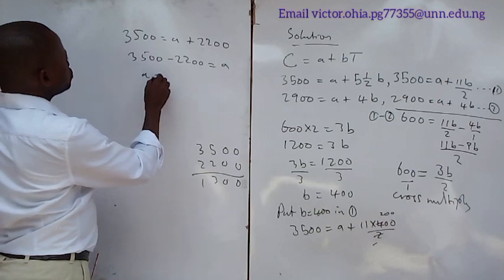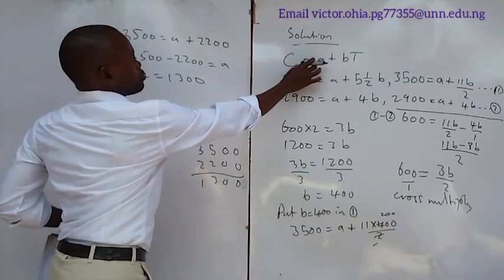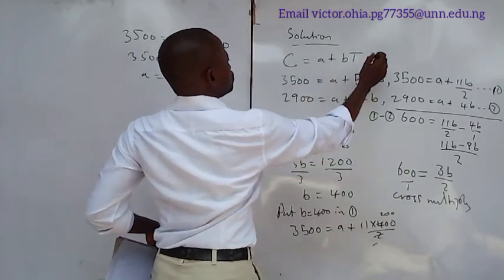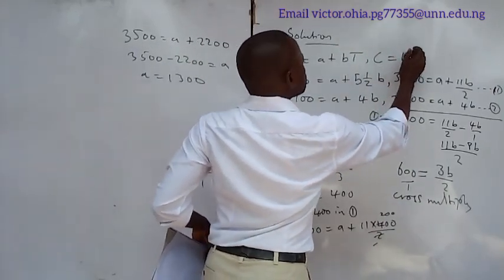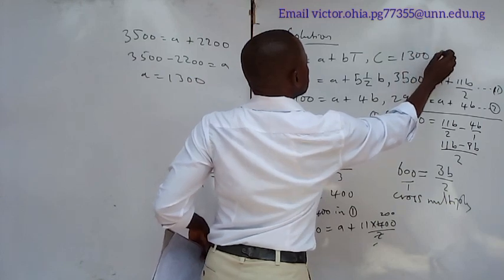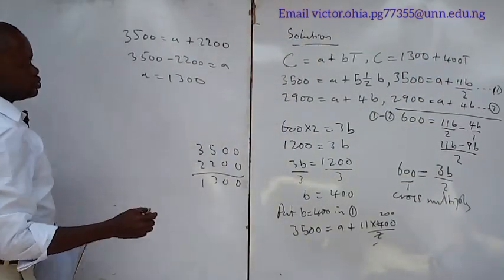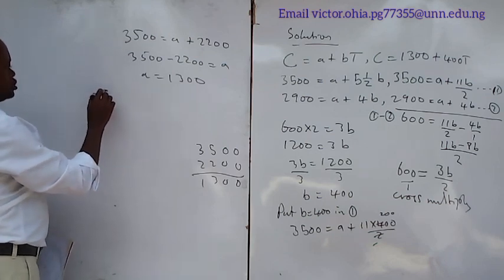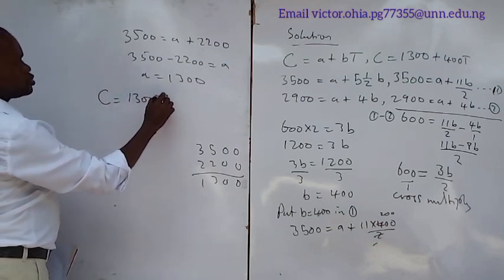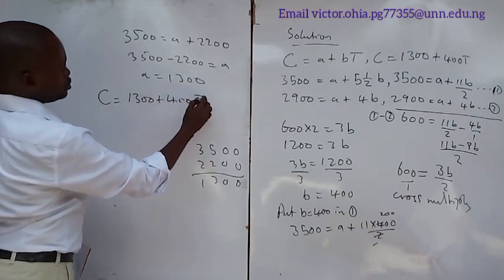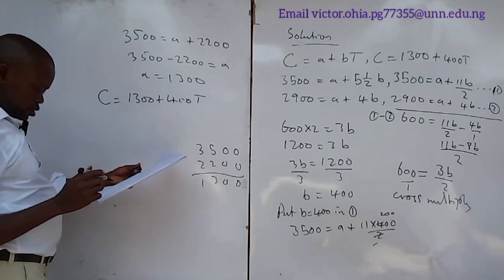So A equals 1,300. Our final equation is going to yield C equals 1,300 plus 400T. So we recall that C equals 1,300 plus 400T. This is what we're going to use to answer the second question.